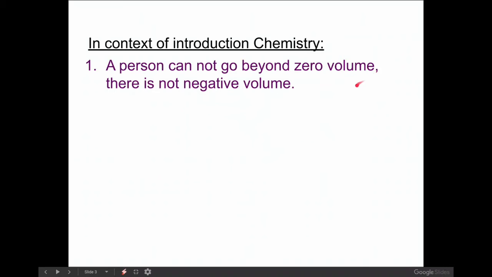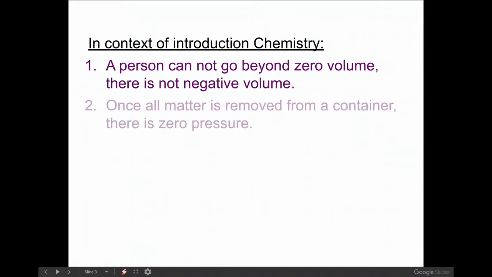First, a person cannot go beyond 0 volume. You can't go to negative volume. Once you fill a box, that box isn't going to gain any more volume, and you can stuff more into it. There is no negative volume. It doesn't exist. Also, a balloon with one atom of a gas bouncing around in it has pressure. It's super low, really low, but there's pressure. Remove that atom and there is no pressure.